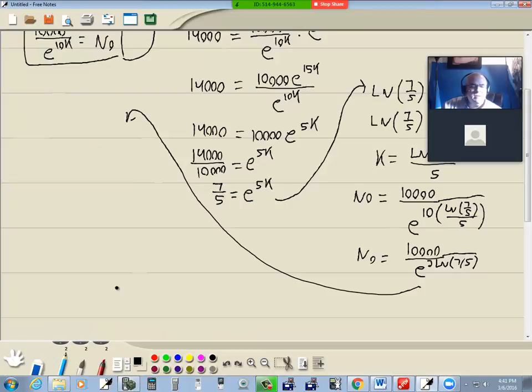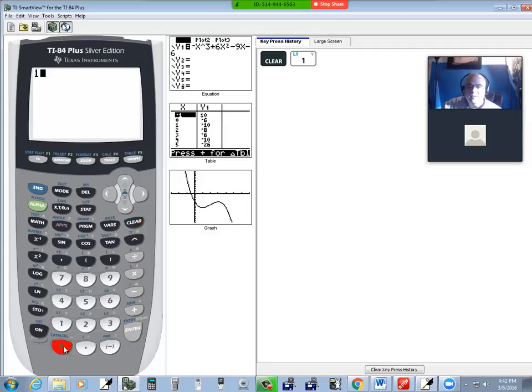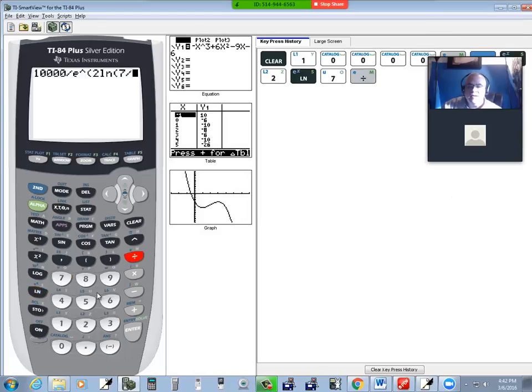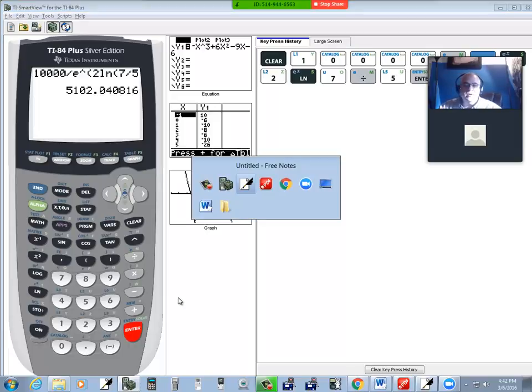So we got 10,000 divided by e to the 2 ln 7/5, so approximately 5102.